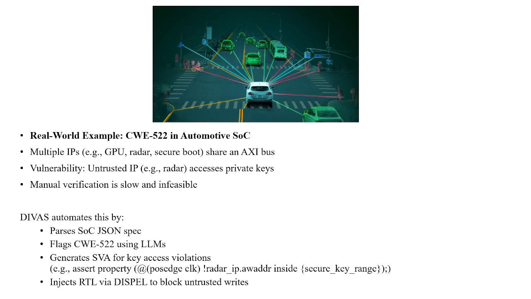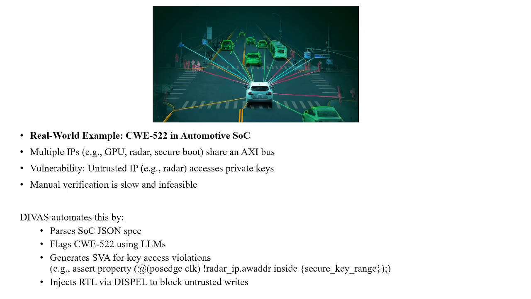Then it goes a step further and automates the assertions. For instance, we have given an example here, a property which is triggered on the rising edge of the clock. It checks whether the write address from the radar IP falls into the predefined secure address range, and the exclamation sign ensures that access must not occur.